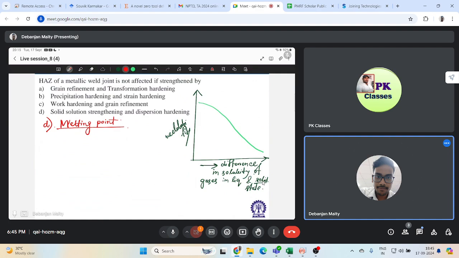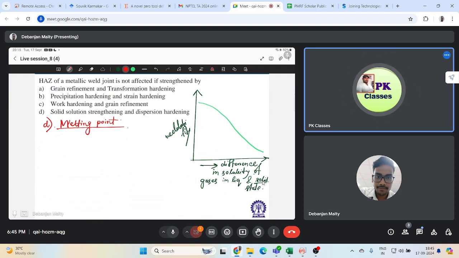A high melting point requires more heat during the welding process, and a low melting point consumes less heat, and impurities of alloying elements affect the melting point and can reduce it. Exactly.